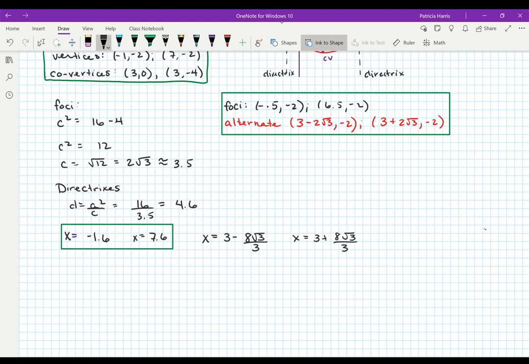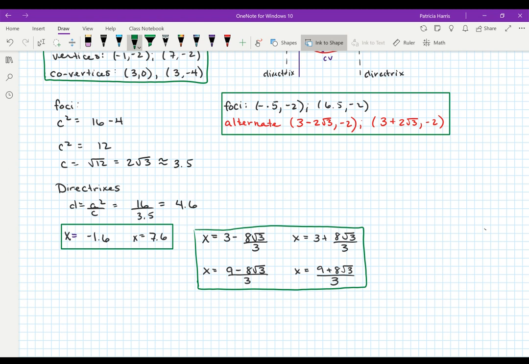This is keeping the radical. And if you simplify that, it's going to look like that. Okay, these all mean the same thing. Just one is exact and the other one is approximate.